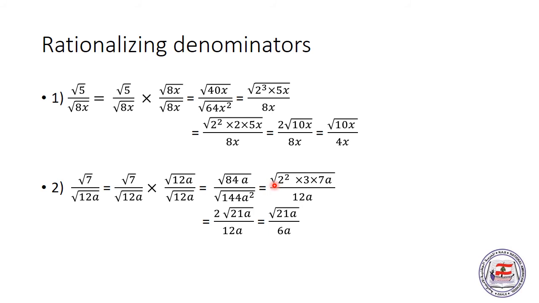In the numerator, we do the prime factorization: 2 squared times 3 times 7a. It's reduced into 2 radical 21a over 12a. Again, this fraction can be simplified by 2, and the final answer is radical 21a over 6a.